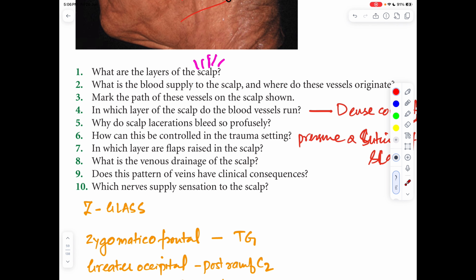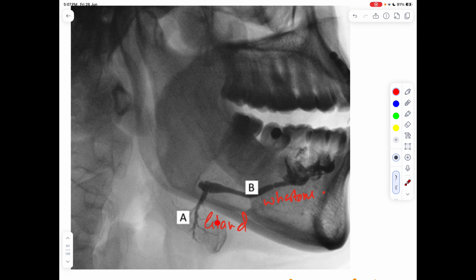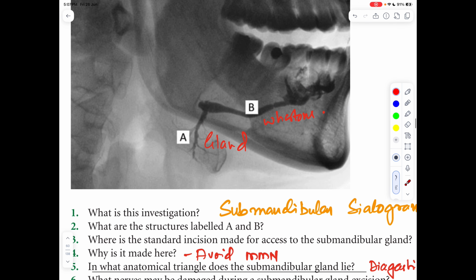So this is a picture showing the submandibular gland, a sialogram, and the duct opening at the frenulum of the tongue. Submandibular gland sialogram. What are the structures labeled A and B? A is the submandibular gland and B is Wharton's duct or submandibular duct.